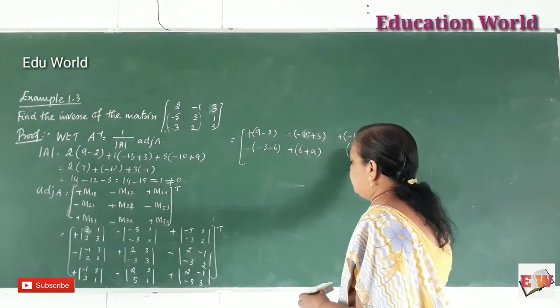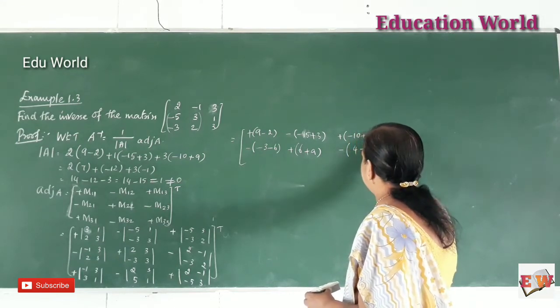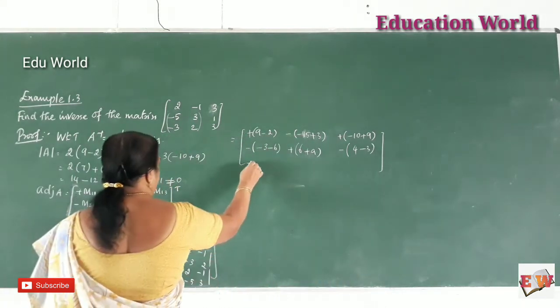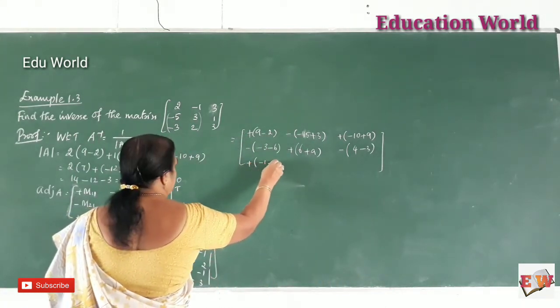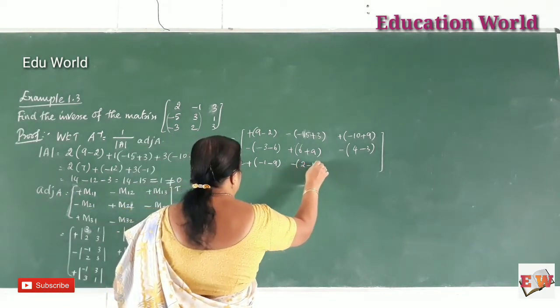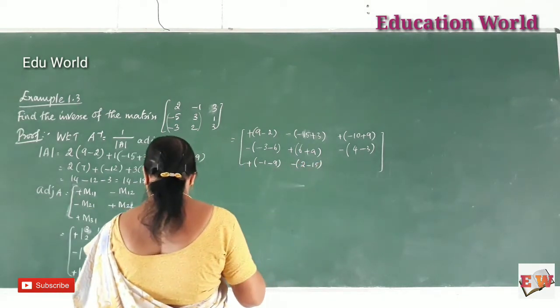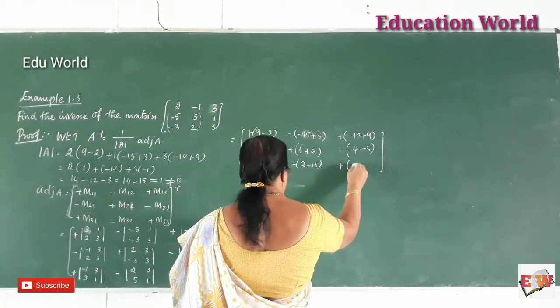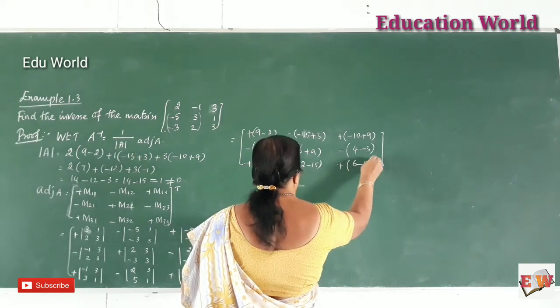Minus 4 minus 3. Then third row: minus 1 minus 9, minus 2 minus 15, plus 6 minus 5.